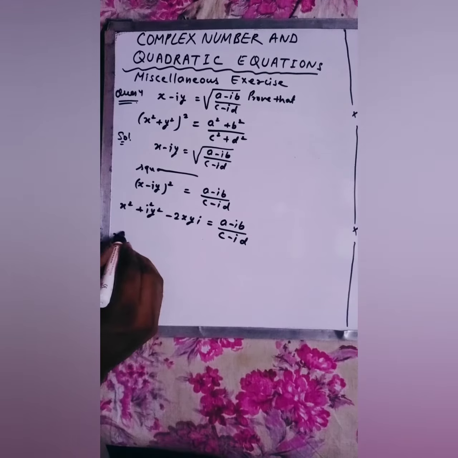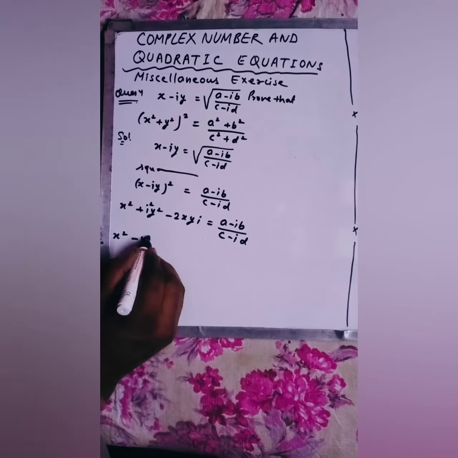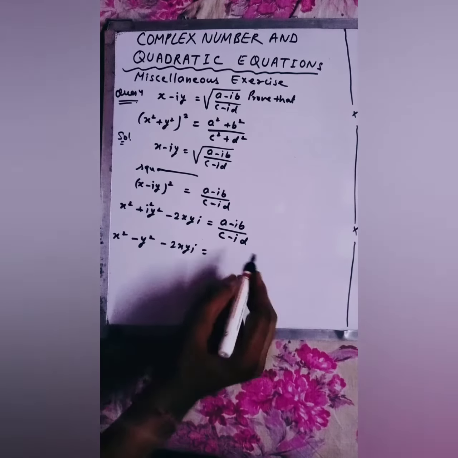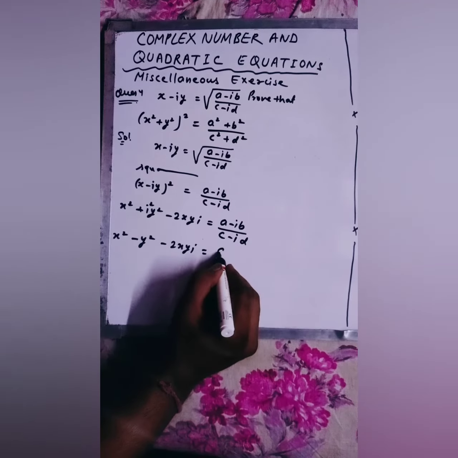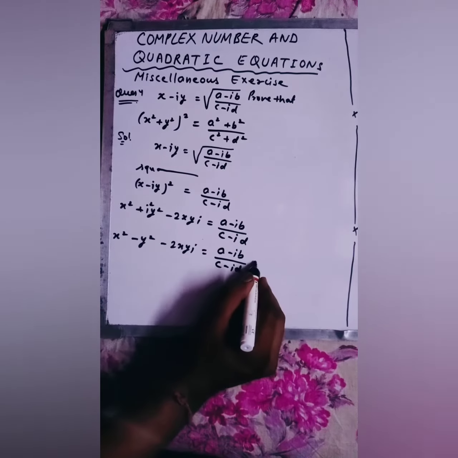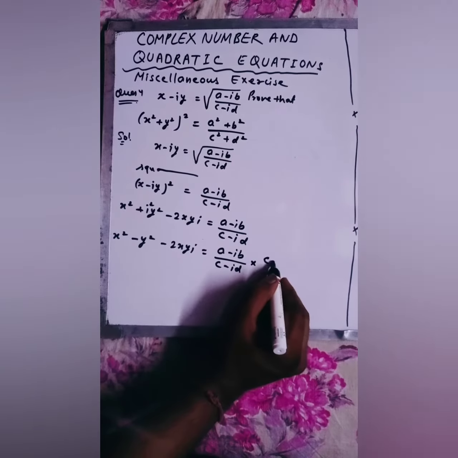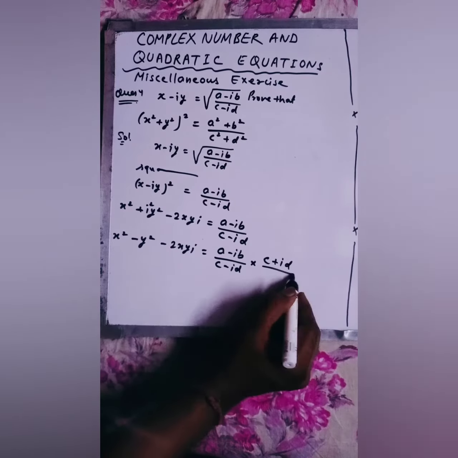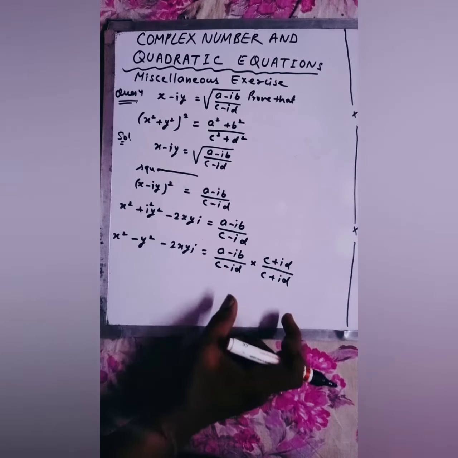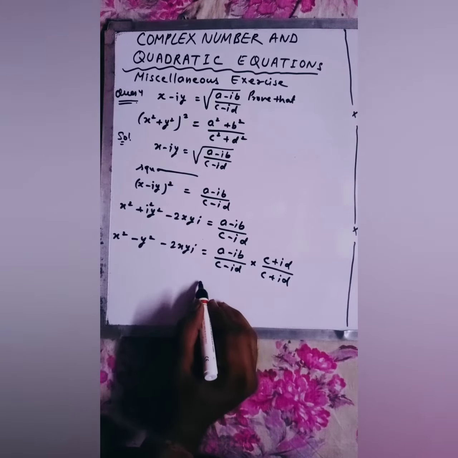Here you will get x square minus y square minus 2xy iota is equal to (a minus iota b) over (c minus iota d). Here I am just rationalizing it. This will be c plus iota d and c plus iota d. You have to rationalize this side.